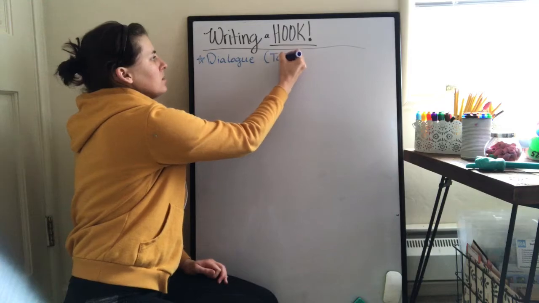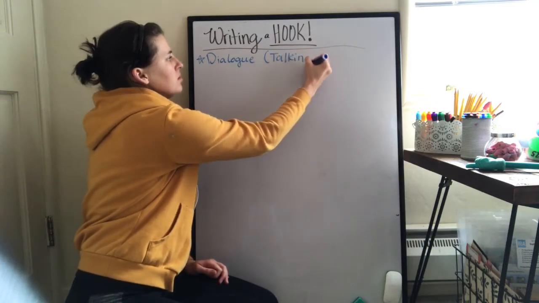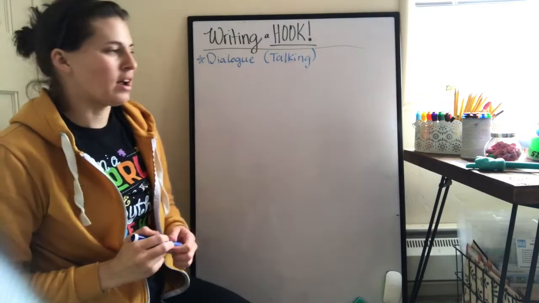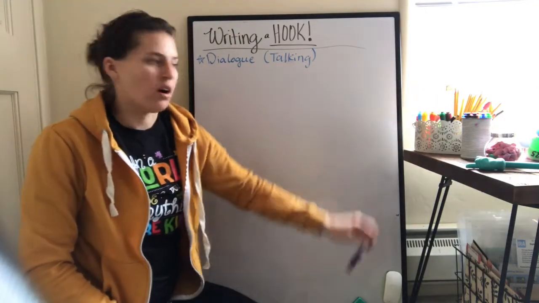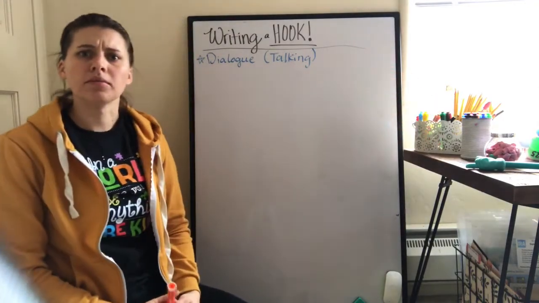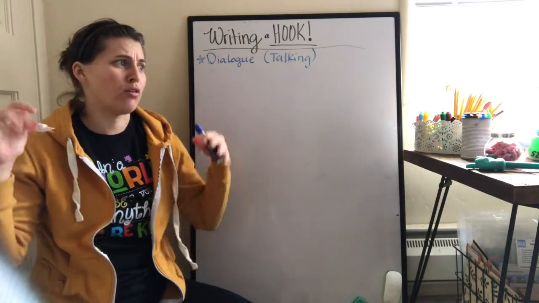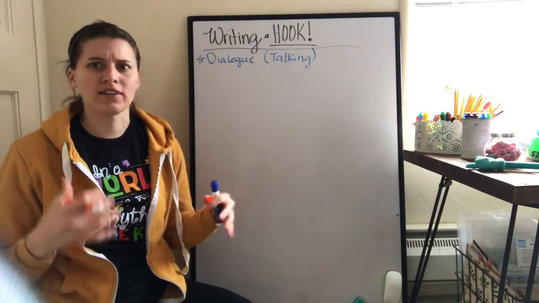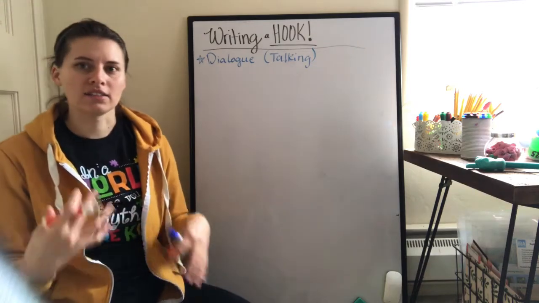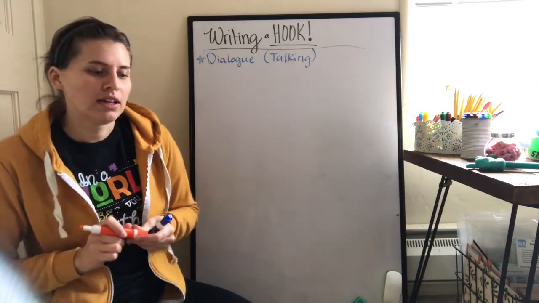Dialogue means talking. So maybe right off the bat, you already have characters talking, and they're saying interesting things about the setting, the world they're in, or they're fighting a monster already, and it's just exciting right when you start reading.